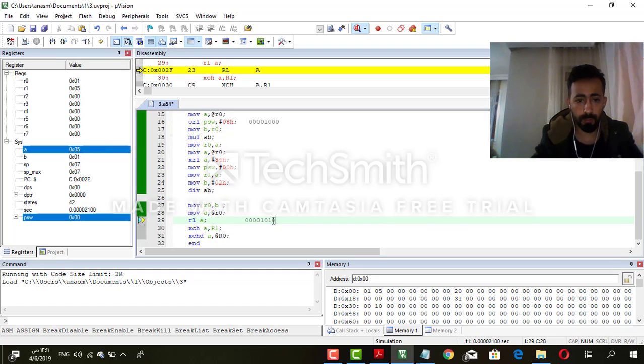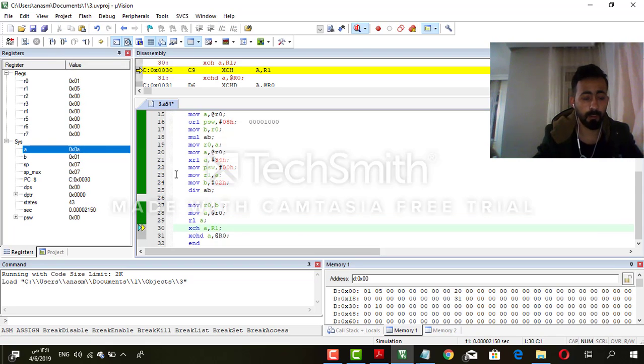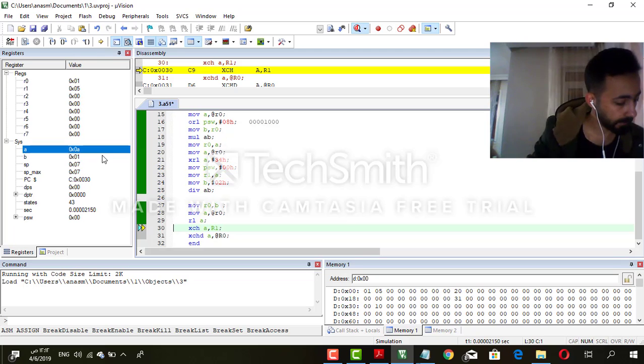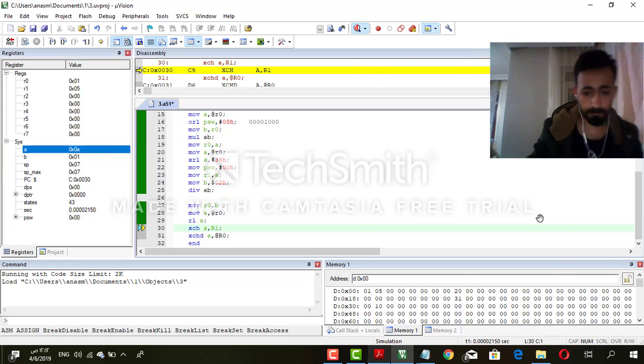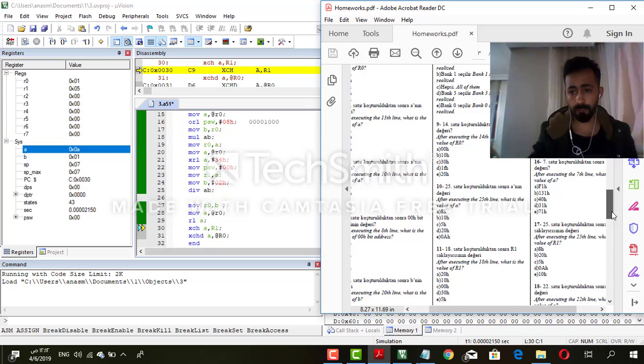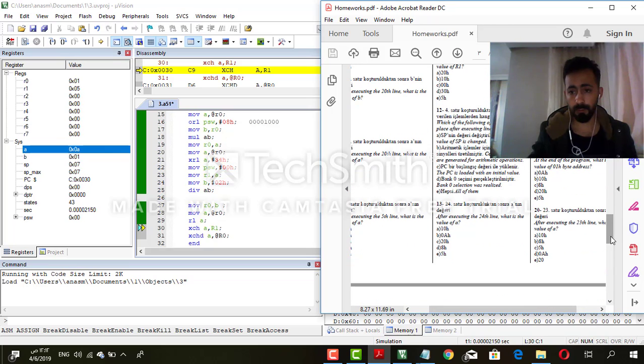Oh, no, I'm sorry, 10 I mean A, because from 1 to 9, after that A, B, C, D, E, F. So the new value of a will be 0A. And this is question number 20. Question number 20 was the value of a. The value of a will be 0A hexadecimal.